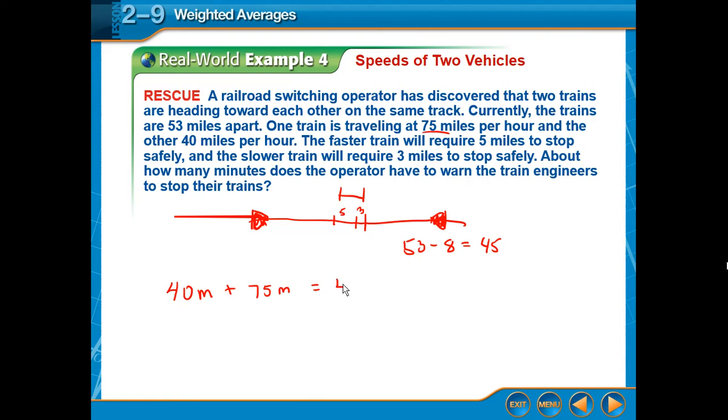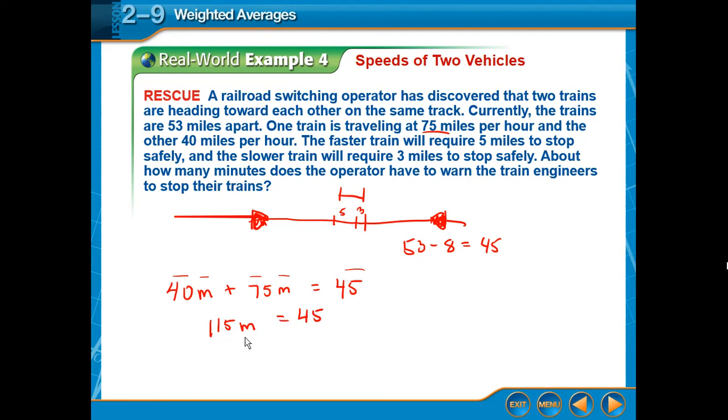Altogether, they're going to have 45 miles. So their rate times the time will be the distance. This is the rate, and this is the time, this is the rate, and this is the time. And this is going to be the total distance. Since they have the same amount of time for both, they're like terms, we can combine them and say this is 115m equals 45.